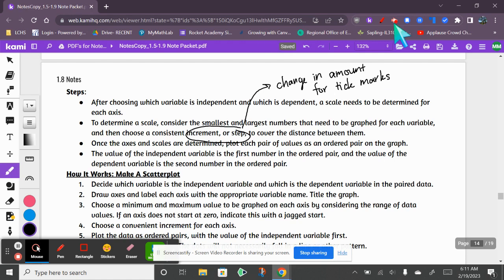Once your axes and scales are determined, you'll plot each pair of values as an ordered pair on the graph. The value of the independent variable is the first number in the ordered pair, and the value of the dependent variable is the second number in the ordered pair.